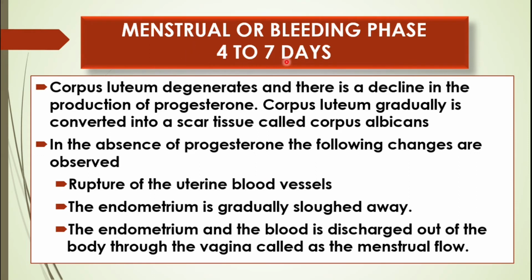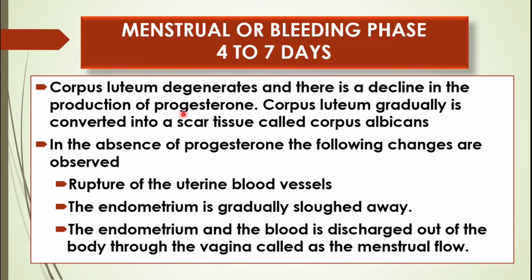What are the changes which happen during the menstrual or the bleeding phase? The menstrual or the bleeding phase lasts for 4 to 7 days. During this period, there is a gradual degeneration of the corpus luteum. When the corpus luteum degenerates, obviously there is a gradual decline in the production of progesterone.